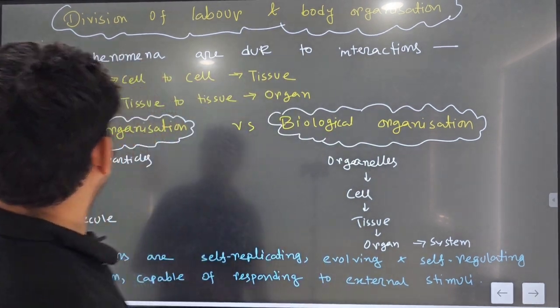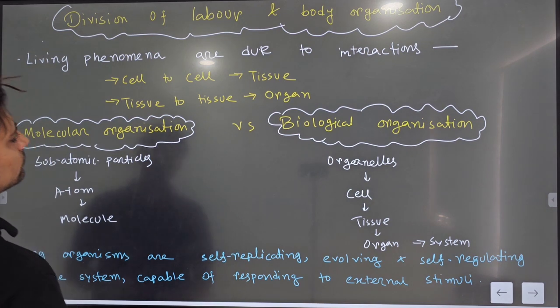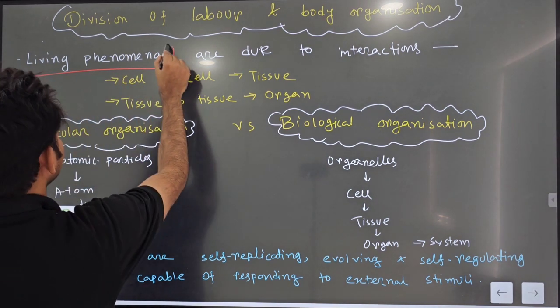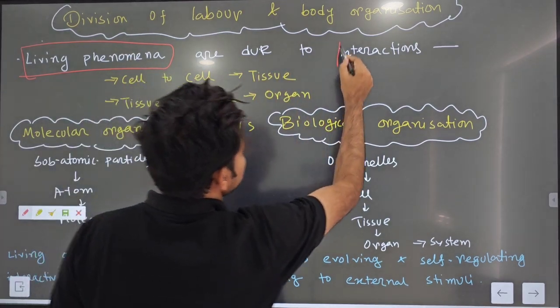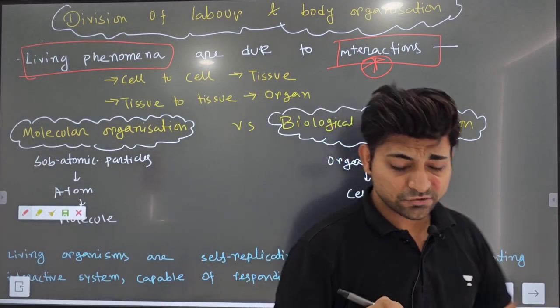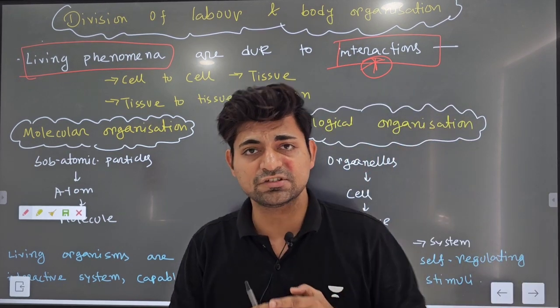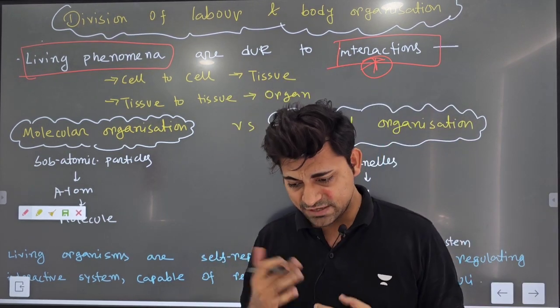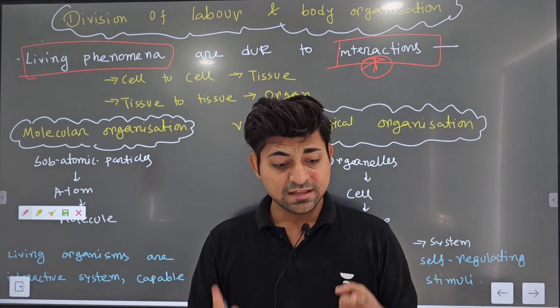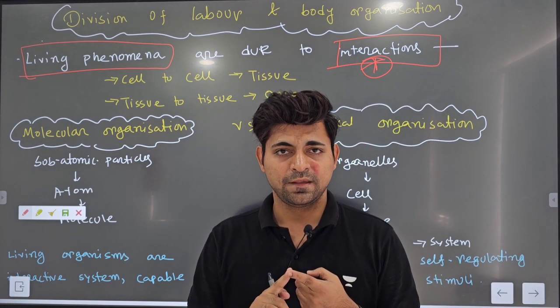Now this line is very important: living phenomena are due to the interaction. Not only the division of labor, with different functioning cells, tissues, organs and organ systems, but they are interacting with each other.